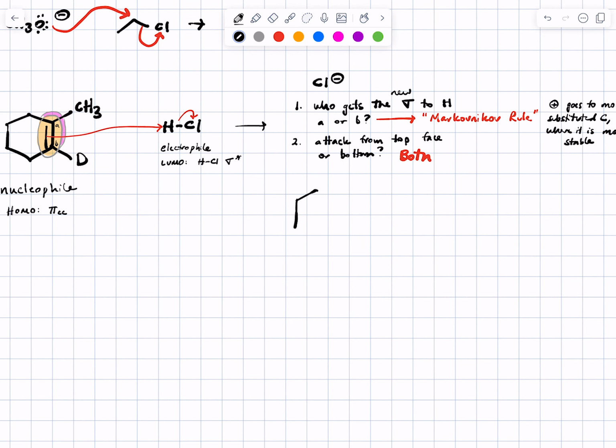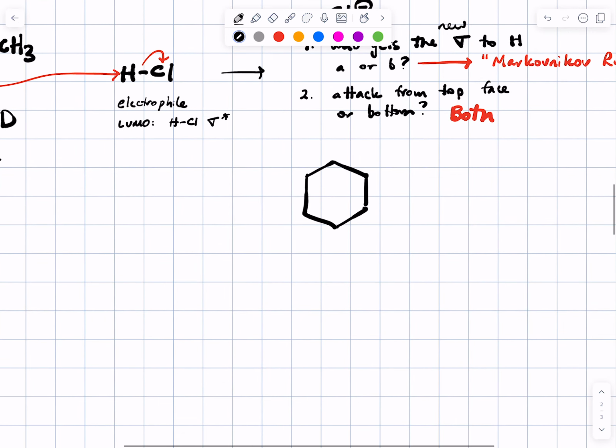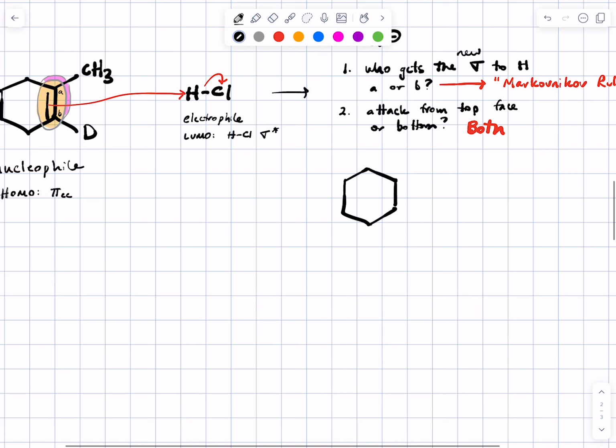I'm going to start with a product that would come if the nucleophile reacted from its top face. So that means that the new bond with hydrogen is going to be on atom B, and the hydrogen is going to be up because the orange lobe did the attacking, and so we made the new carbon-hydrogen bond on the top face of the original alkene.